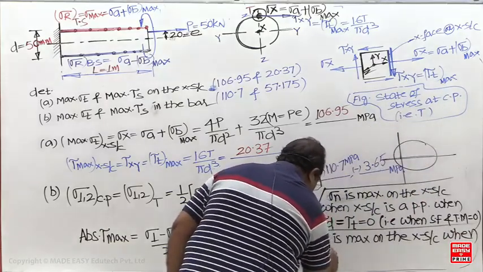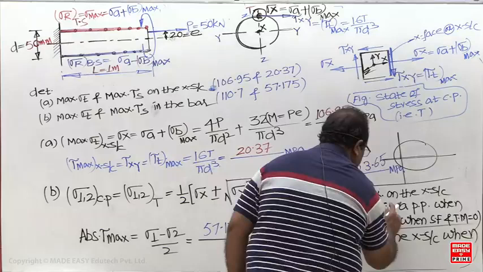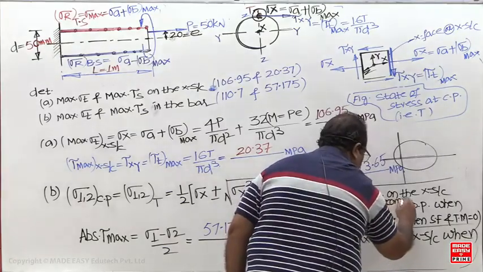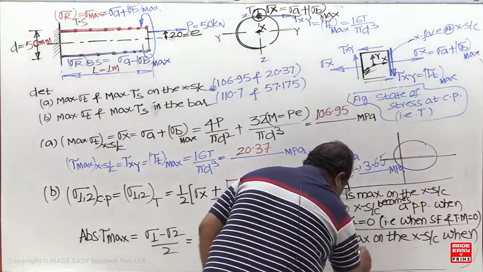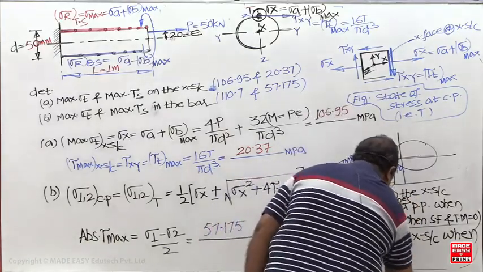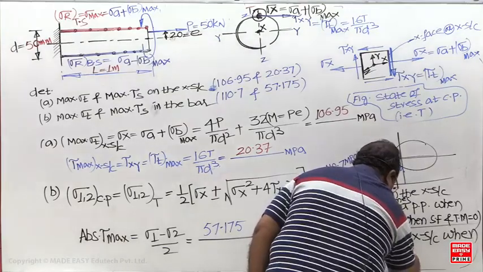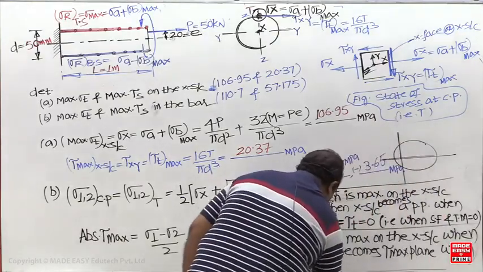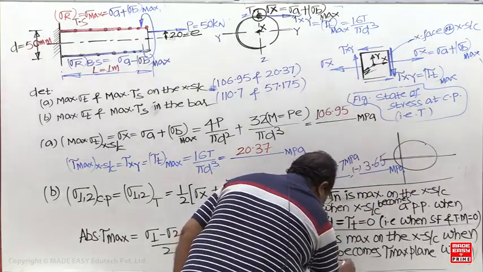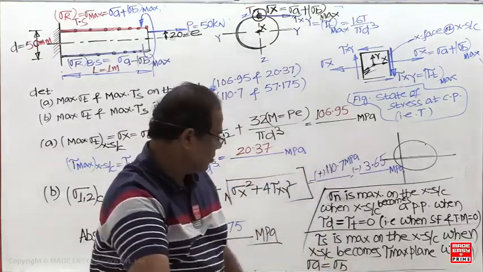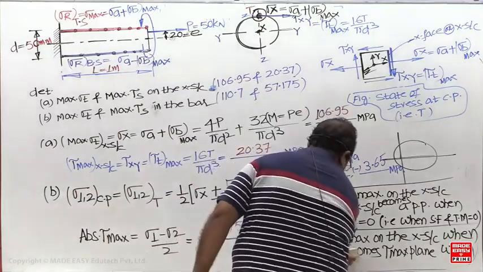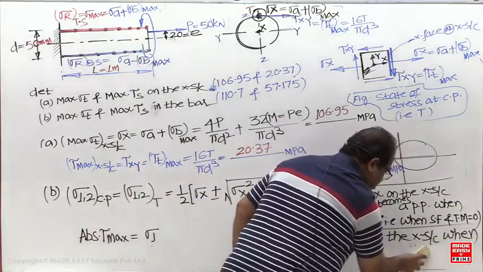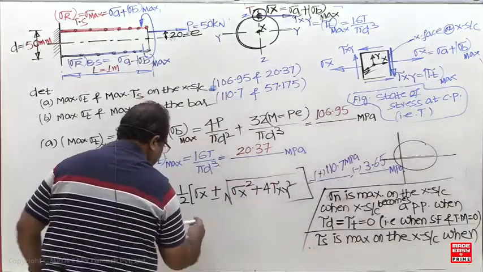When the cross section becomes a principal plane, when axial stress and bending stress both are 0. Because somebody may have a doubt, I'm writing here now.